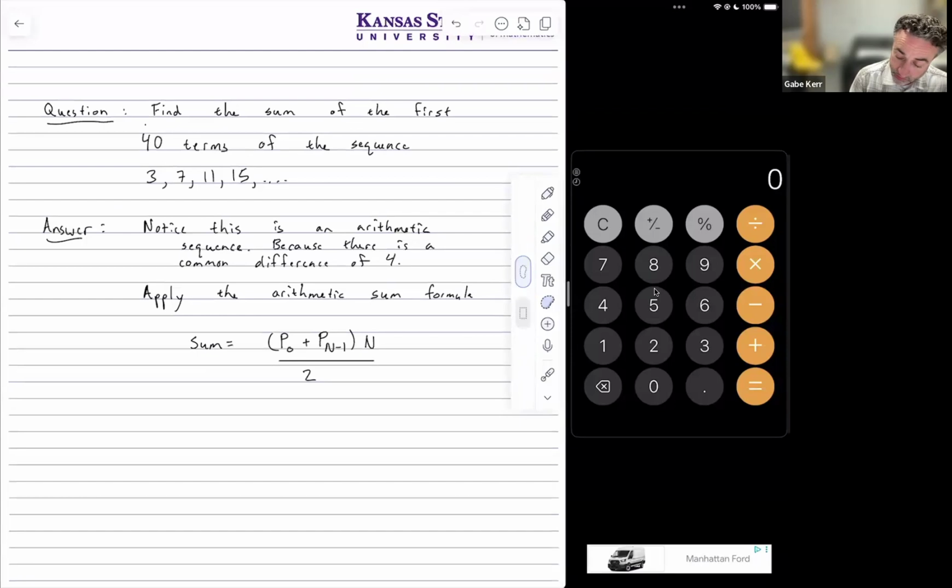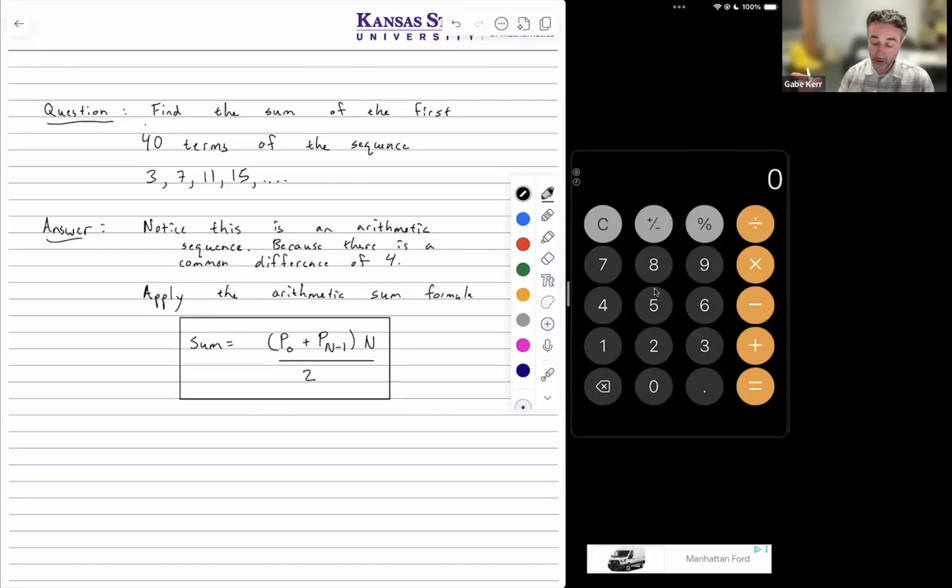So this formula gives us the sum of the first n terms. But in order to use this formula, we need to figure out what the 40th term is going to be. So P sub 39 is the 40th term.